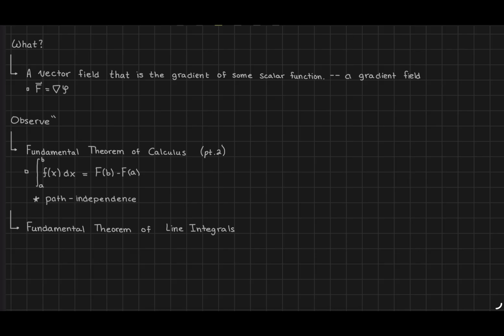I'll talk a little more about what that is, but just like the fundamental theorem of calculus, we can find the value of a line integral by simply subtracting the potential function, which is this phi, at the start from the potential at the end. So it's similar to the fundamental theorem of calculus.